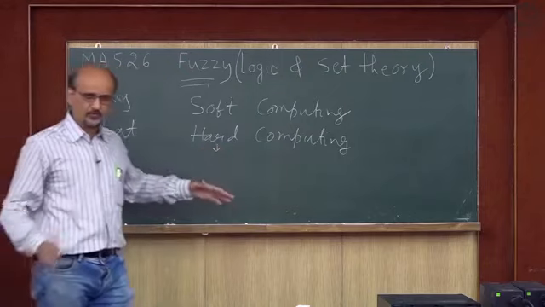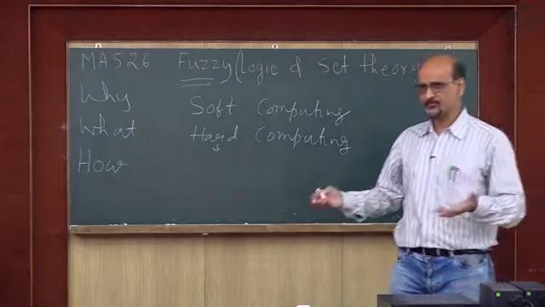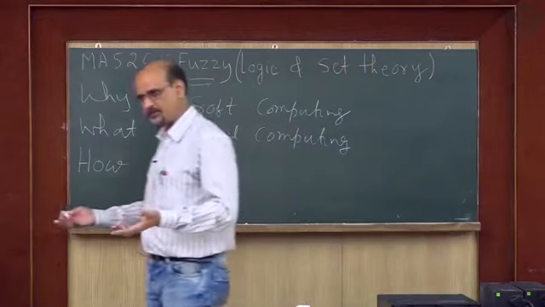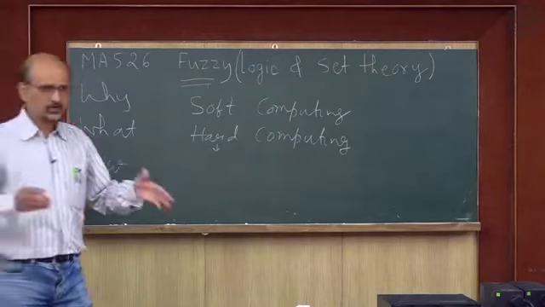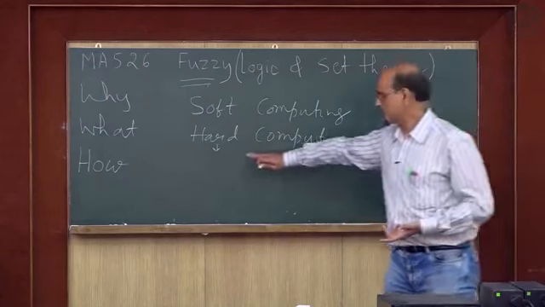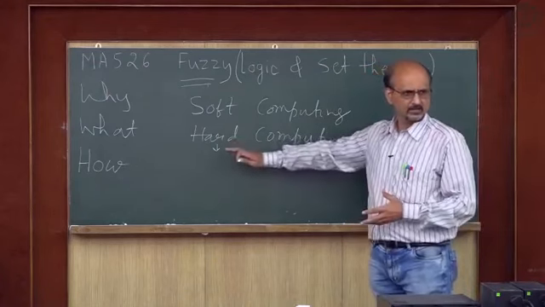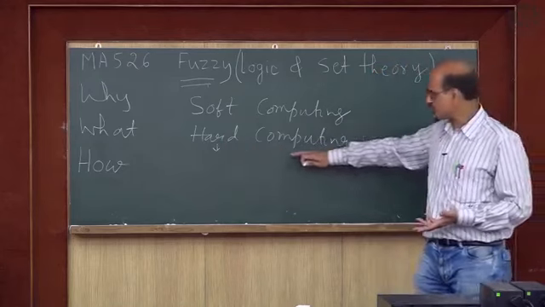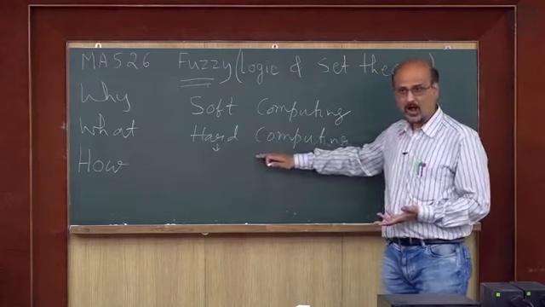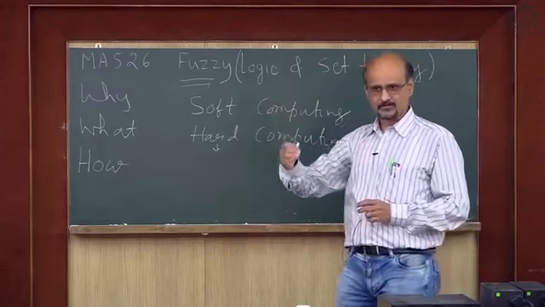Because if you want to write any program for any problem, suppose you want to solve a differential equation, an eigenvalue problem, a system of linear equations, or non-linear equations, then you very well can write in C, C++, MATLAB, BASIC, or any high level programming language. That is called hard computing, because there you are writing all the instructions one by one.